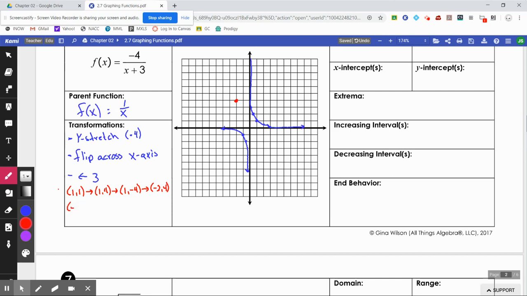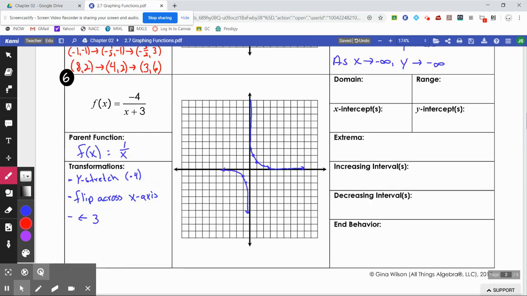Now let's see what happens to negative 1, negative 1. We're going to multiply the y by 4, so that's going to be negative 1, negative 4 now. We're going to flip it across the x-axis, so that's going to be negative 1, positive 4. And then left 3 will be at negative 4, positive 4.